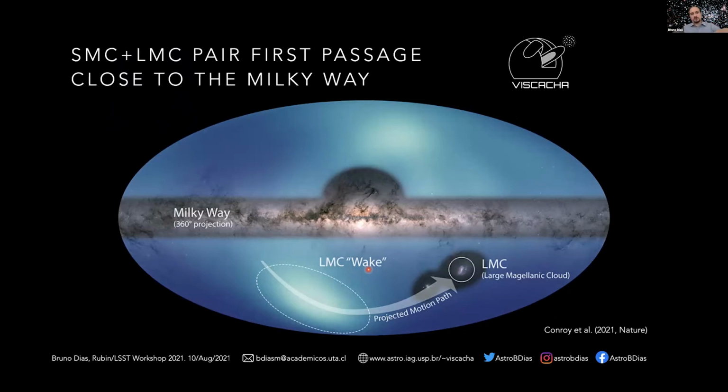very large stream of gas, 200 degrees wide in the sky. And this led to many observations of stars, gas, simulations. And now we know that the pair of SMC and LMC are in their first passage close to the Milky Way. And this led to many, many questions. So everything that happened past this close encounter with the Milky Way and messed up with the structure of these galaxies happened because of the interactions among the pair itself.